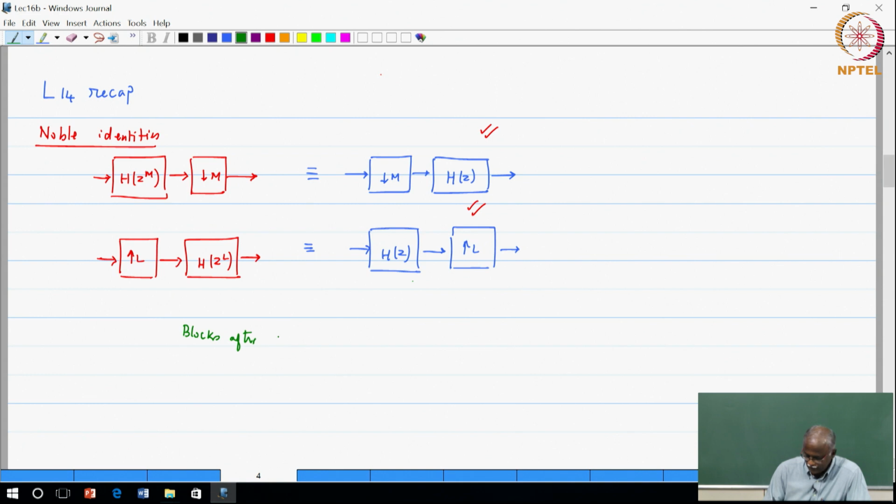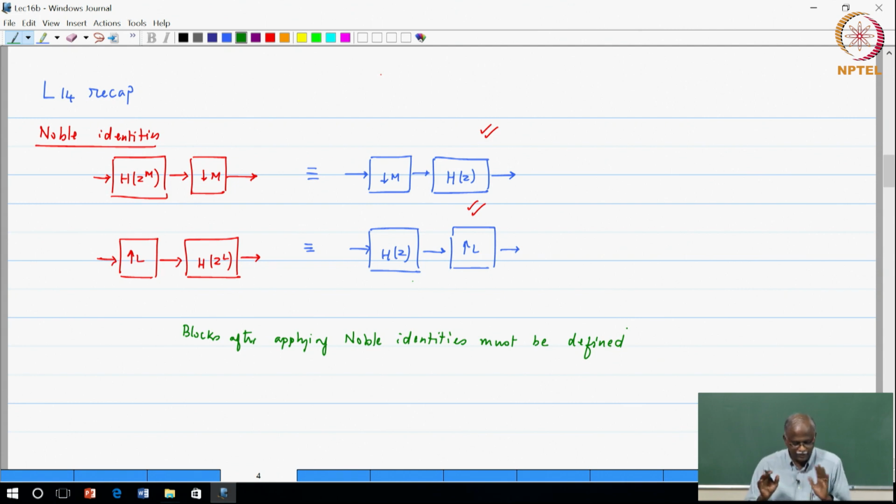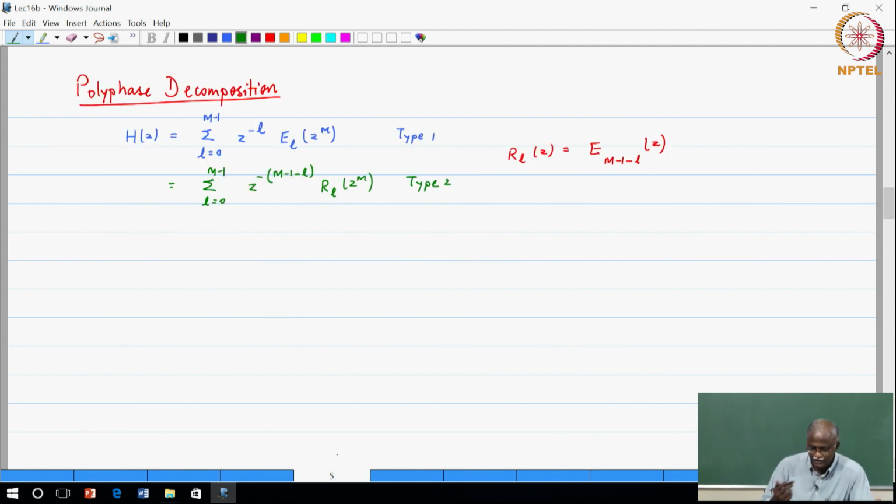Obtained after applying noble identities, they must be realizable or must be defined. We can't get things like z power half and those things which we cannot define in a DSP context. Okay, keep that picture in mind, so that we do not get unrealizable systems and then get into results or conclusions that are not correct.